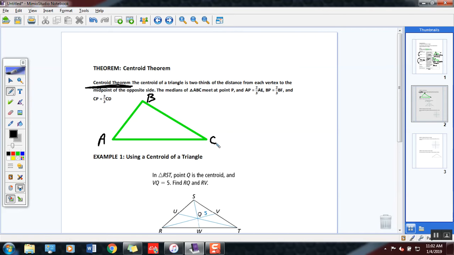So the centroid theorem is going to be based on what type of lines we're drawing in the triangle? There are going to be lines across, specifically the name of those lines. Medians.